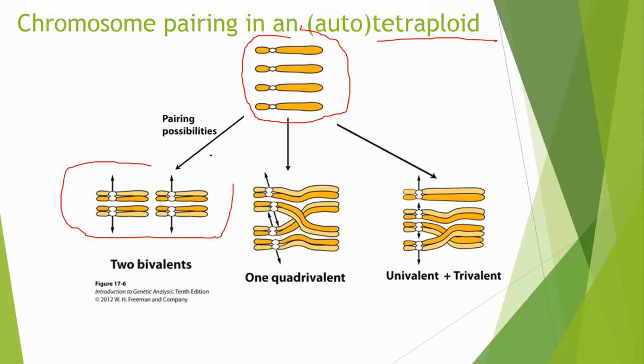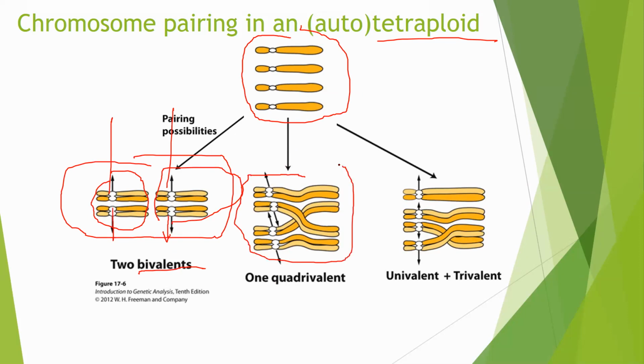Either 2 of them will form a bivalent and the other 2 will form another bivalent, then these will segregate independently. Or all 4 will be held together to form this one. How do you pronounce this? Quadrivalent. Okay, the 4 together. Those 2 are viable, but this one is not viable.